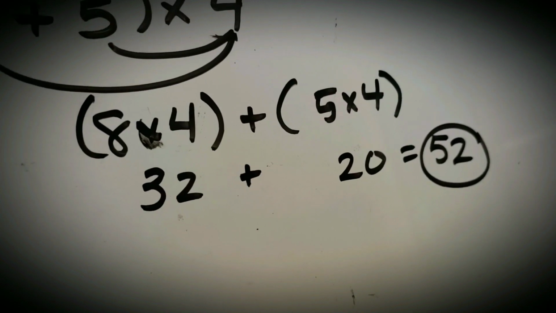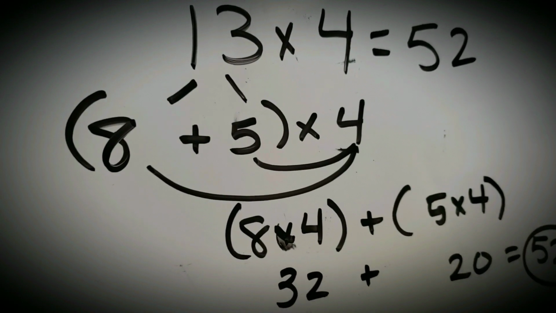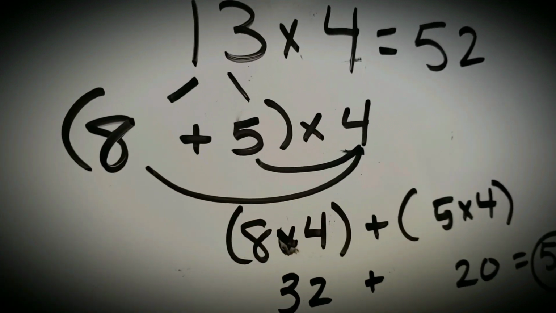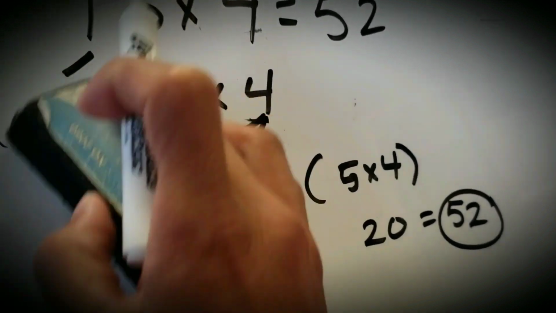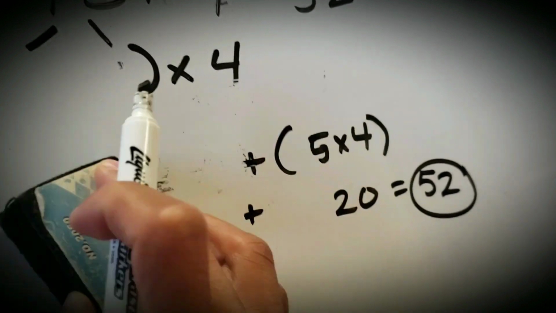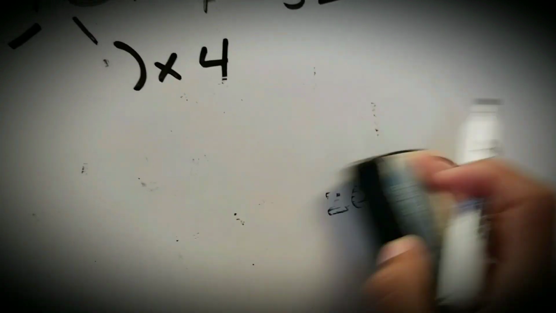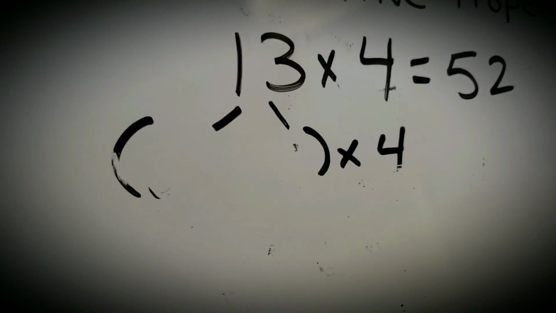That is one strategy that we used, and I even said to my class, guys, listen, even if we didn't choose to do 8 plus 5 to represent 13, we could choose a different set of numbers that also equals 13.